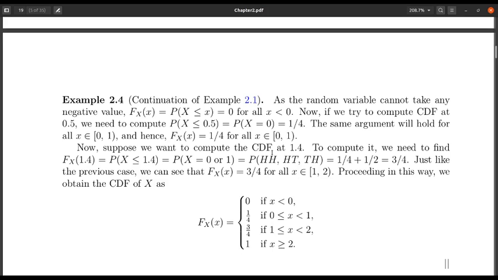We have pointed out that if the probability of x equals x is strictly greater than 0, then we will have a jump at the point x in the distribution function of x. So when the random variable takes discrete values, the distribution function will be a discontinuous function, and if I add up the jumps, the total has to be 1.